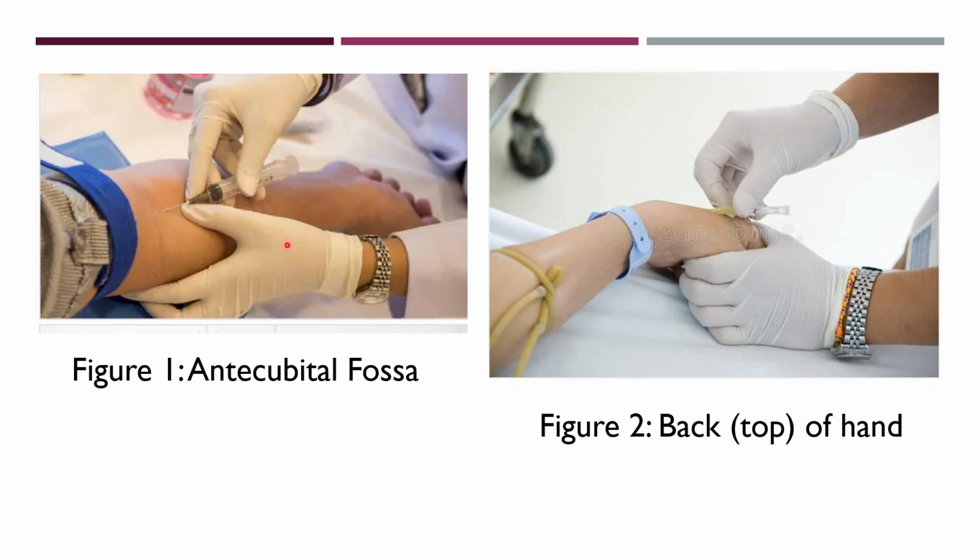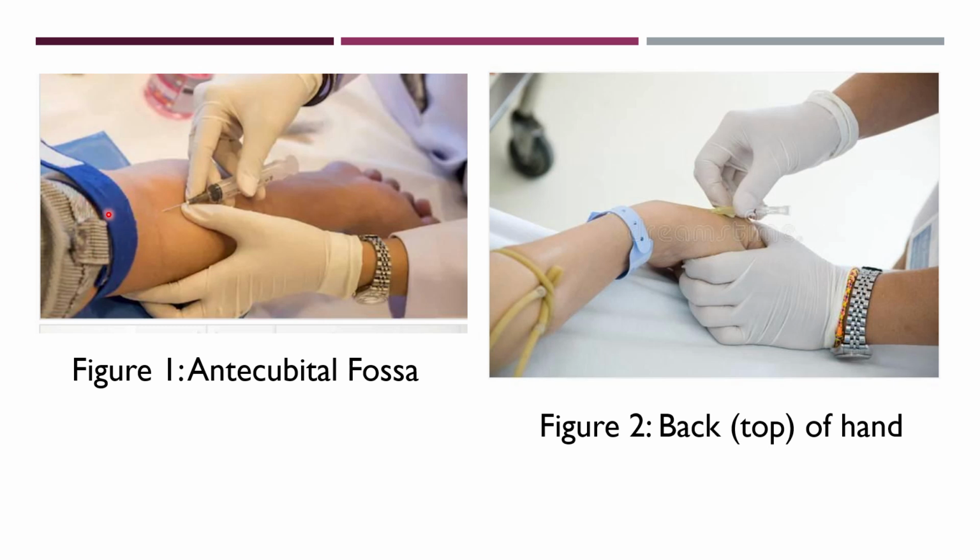You can see in this figure how the angle should be kept for the blood collection, and what are the basic precautions that need to be taken while you are doing the blood collection. The first precaution this figure shows is to wear gloves. Then the tourniquet has been placed just above the collection area.